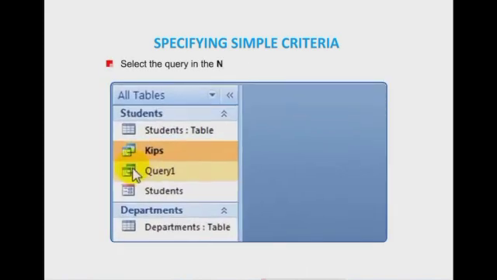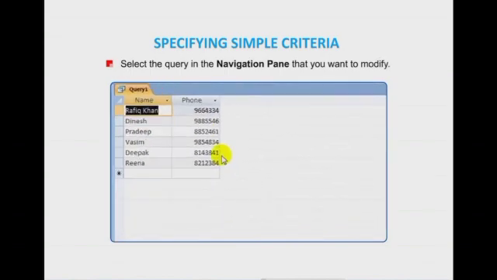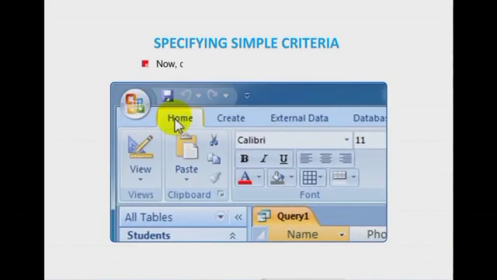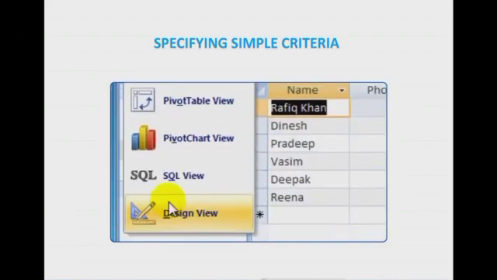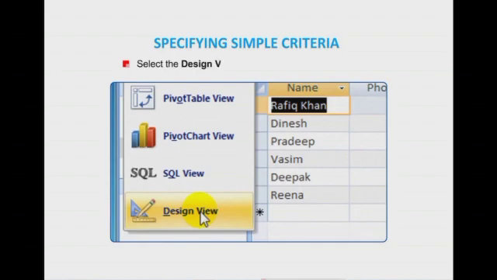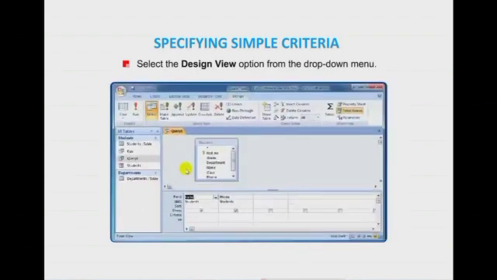Select the query in the navigation pane that you want to modify. Now click on the View button on the Home tab. Select the Design View option from the drop-down menu. The selected query opens in design view.